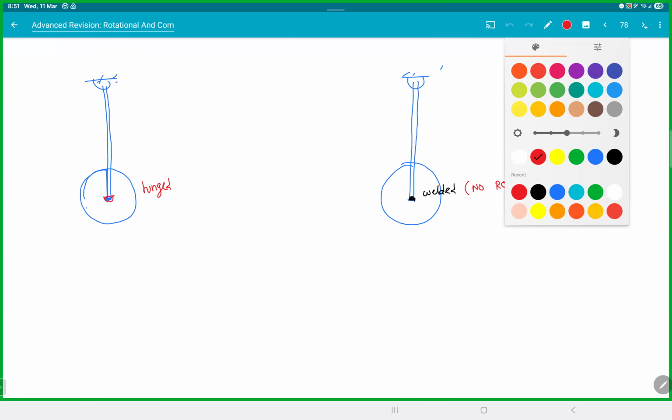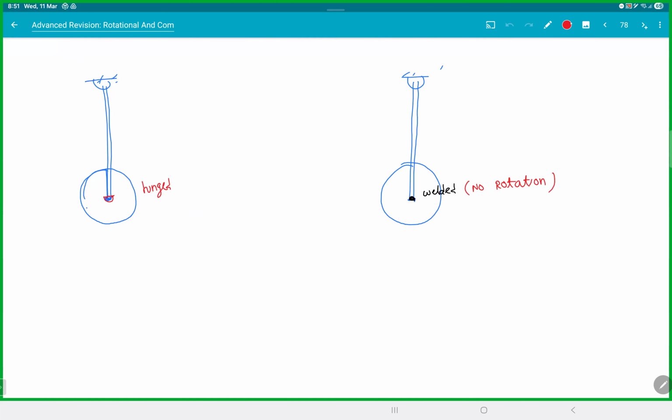So for this hinged thing, imagine I mark 4 points, okay? Let's call them A, B, C, and D. Now, if I rotate this thing, see what happens. When the wheel comes here, again, I'm not drawing to scale exactly, but yeah, here. Look at ABCD.